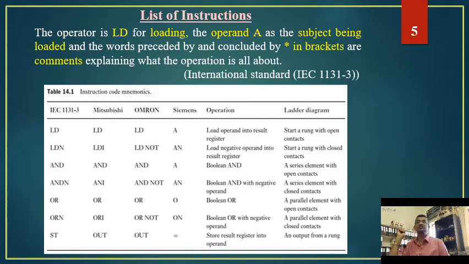The next operation could be LDI. Note that in the previous one we used normally open contacts, and if we are using normally closed, NC, type of contacts, then LD is rephrased as LDI. So LD stands for a rung with the open contact, whereas LDI stands for a rung with the closed contact.